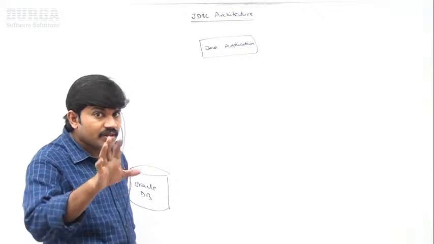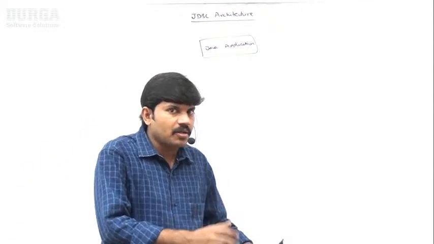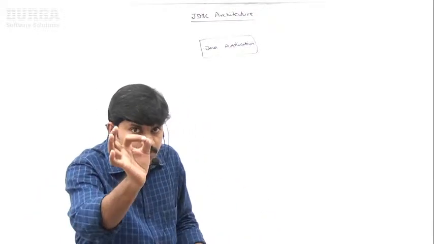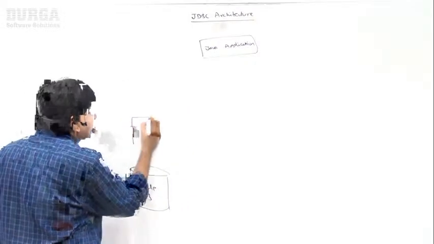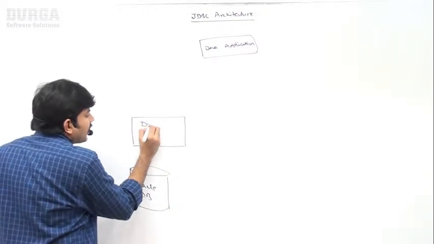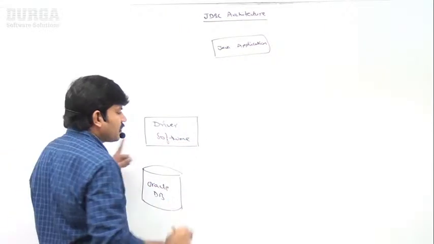Do you remember that in the last video I covered Java to database specific calls and database specific calls to Java calls? To convert, one special software must be required. That special software is driver software.